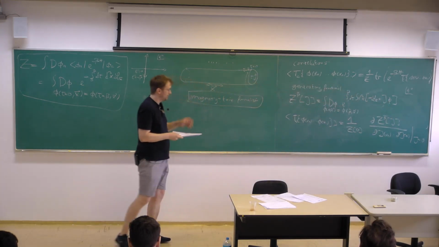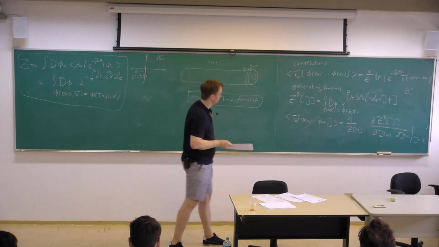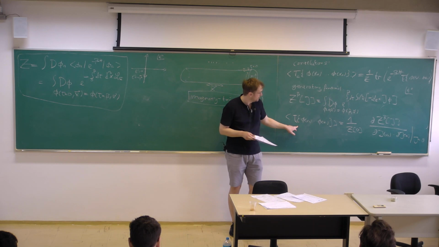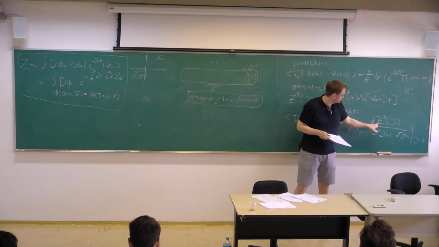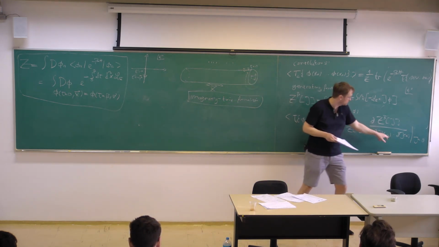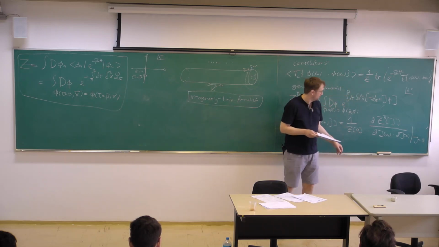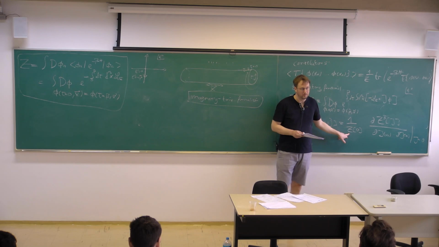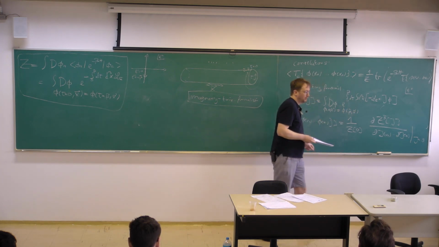So this is exactly the same formula that we had in zero temperature QFT, right? I take derivatives of this generating functional with respect to the source, for an n-point function. I set the source to 0, and then I divide by the partition function at 0 source, which is the partition function, right?